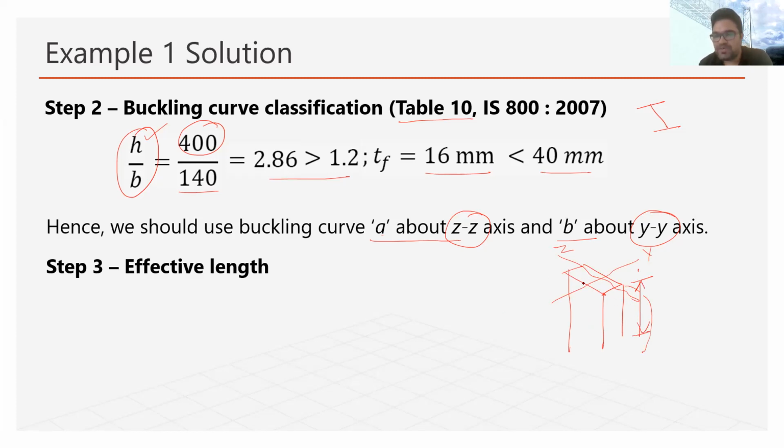Similarly, if it is buckling along this axis, in that case we will find out the effective length along this one, which is about the Y axis. Okay, so this is how we find out effective length for different axes, like if it is along Y axis or Z axis.